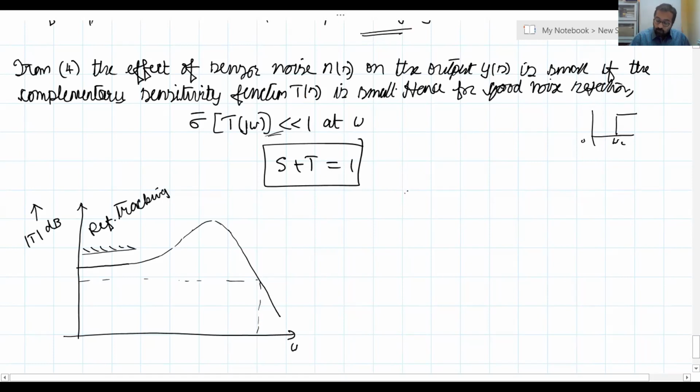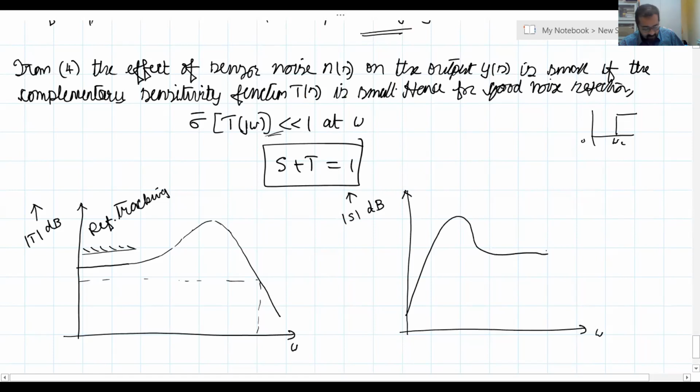So now, what could be the possible frequency response shape for the sensitivity function? Any idea? S plus T must be equal to 1. So naturally, this should be of a low frequency, something like this. In this region, what should happen? The disturbance should get rejected.